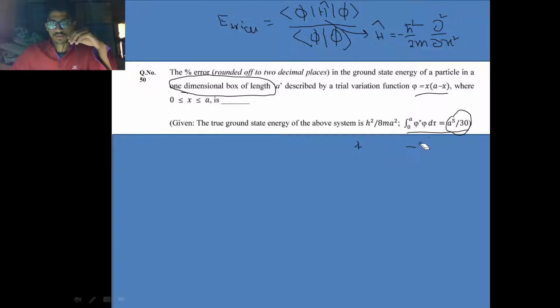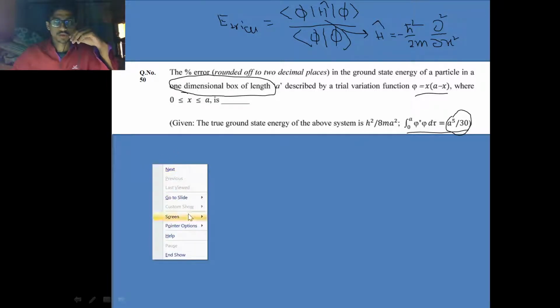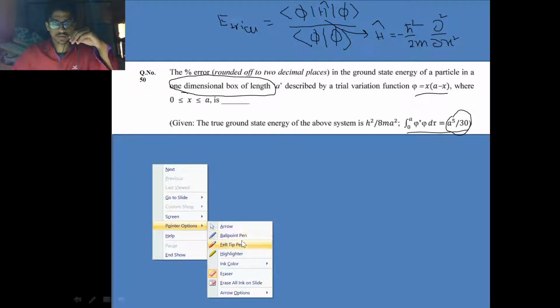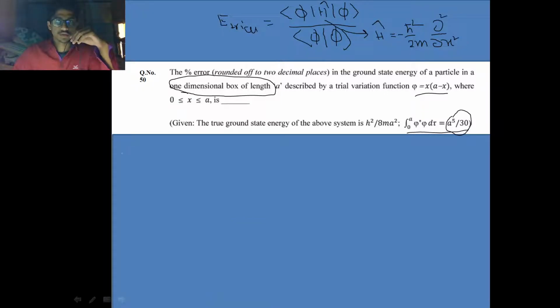Now our task is to solve this part. What is this part? The integral is from 0 to a of phi star, Hamiltonian, into phi d tau.